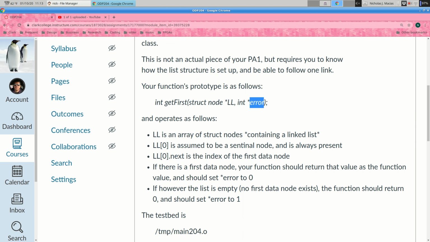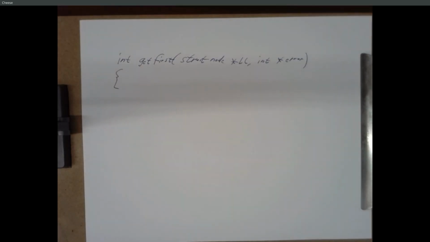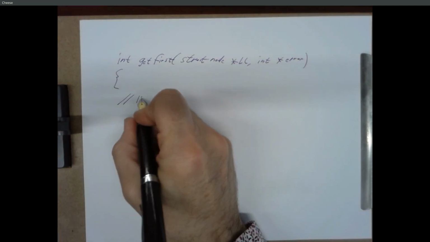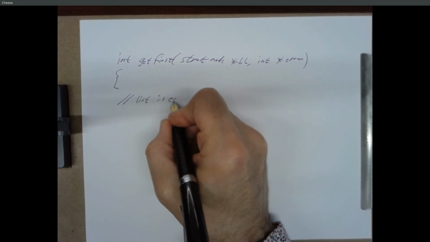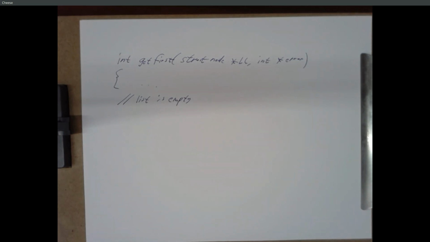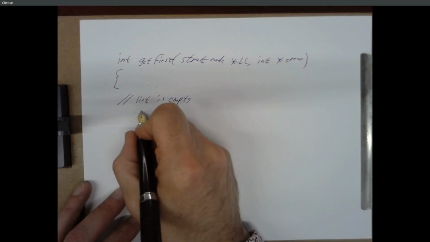So here's our getFirst function. It gets a struct node array called LL, and an integer pointer called error. You do some stuff and you discover the list is empty. Here's what you do.